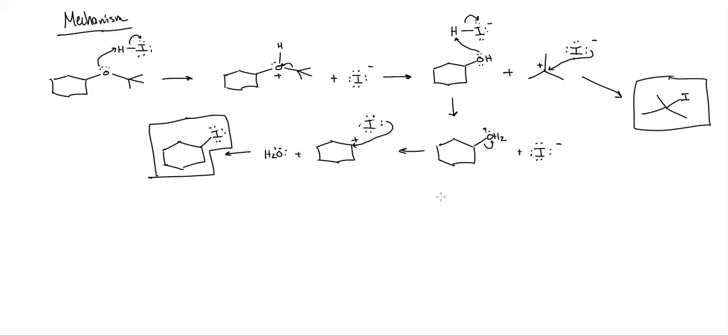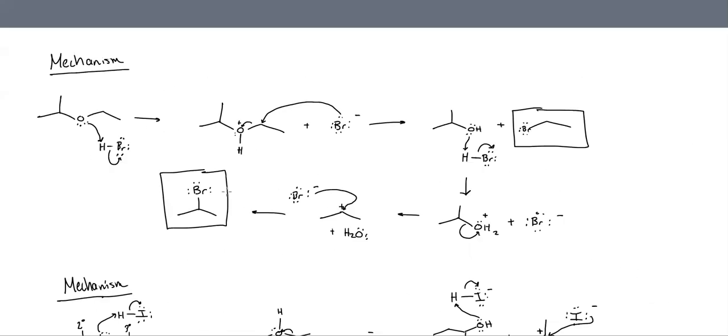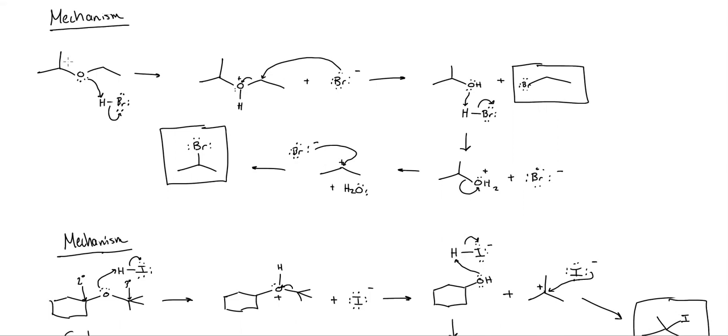This carbon here is a 2 degree, and this carbon is a 3 degree, right? So since that's the case, this is going to prefer to go through SN1 both times. Whereas in the last one, if I take a look at this one here, it is 2 degree, and this one here is 1 degree. So this one prefers SN2 because it's 1 degree, and this one prefers SN1 because it's 2 degree.